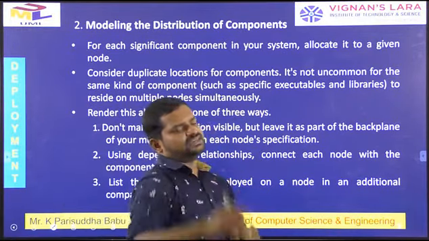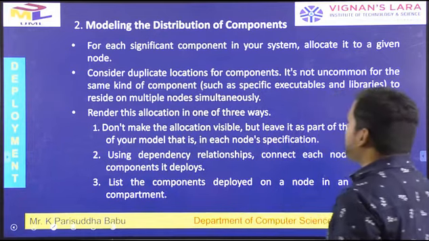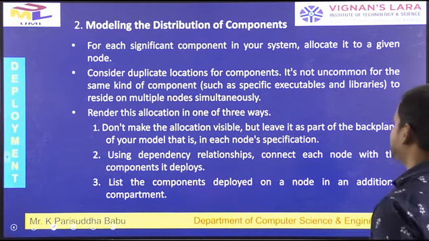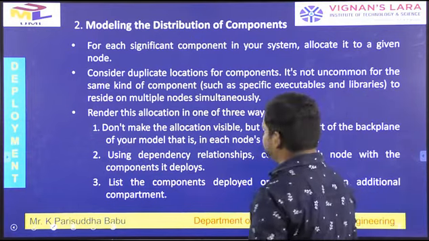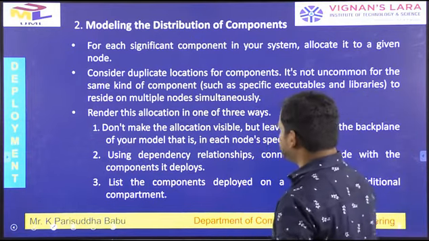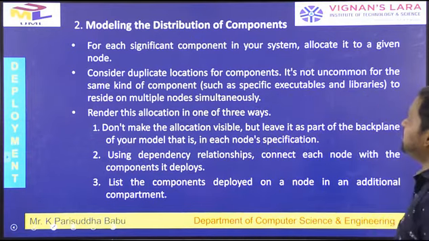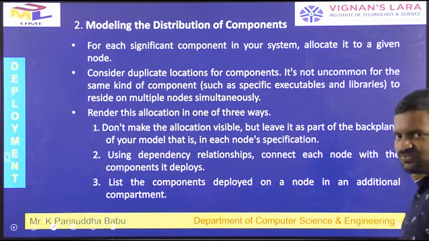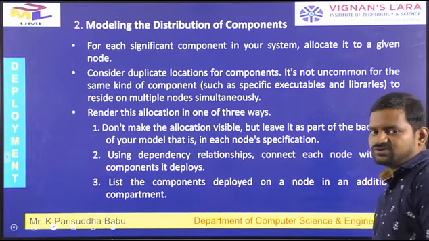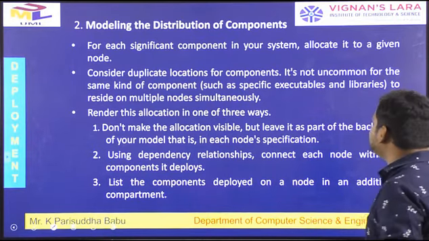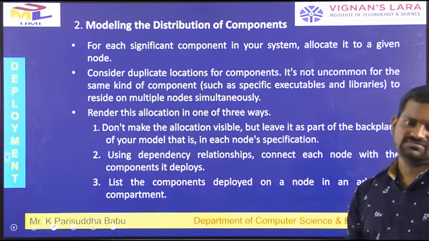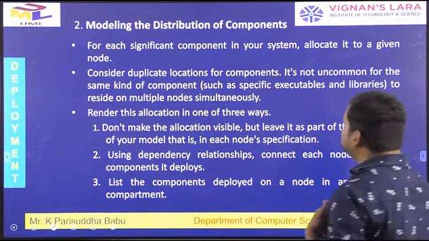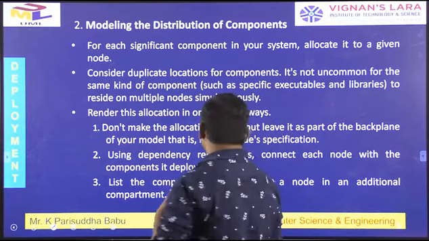And the second one is modeling the distribution of components. How do we distribute the components of a model? For each significant component in your system, allocate it to a given node, and consider duplicate locations for components.